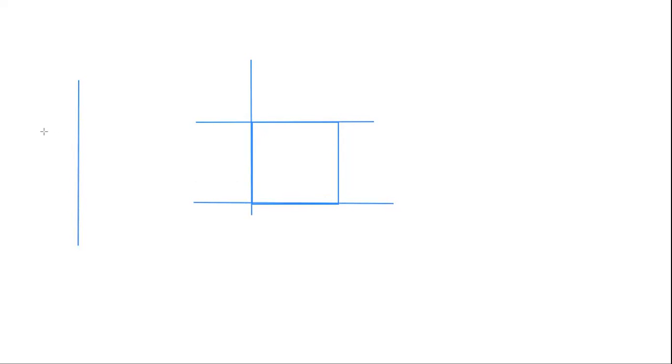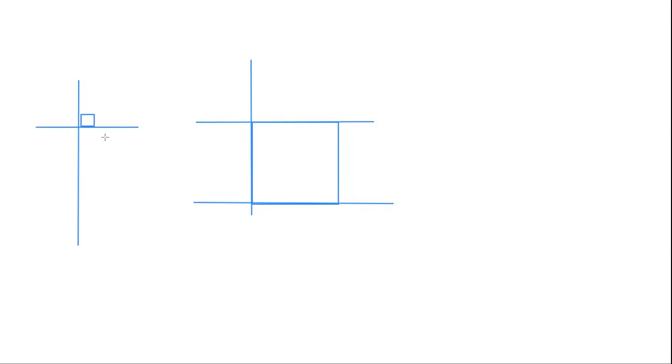I don't know if I can draw it perpendicular quite as easily. See if I can put a square in there in the corner that makes it obvious. Well, pretty close.